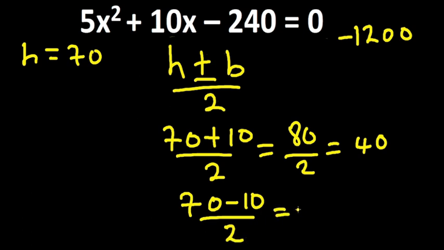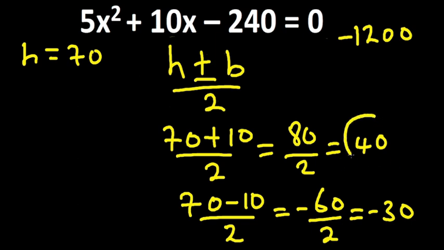It's going to give us negative 60 over 2, which is going to give us negative 30. So these are the factors of negative 1200 that will sum up to give us 10. If you add negative 30 to 40, you're going to get 10. And if you multiply 40 by negative 30, you're going to get negative 1200. So this is very precise and quick.